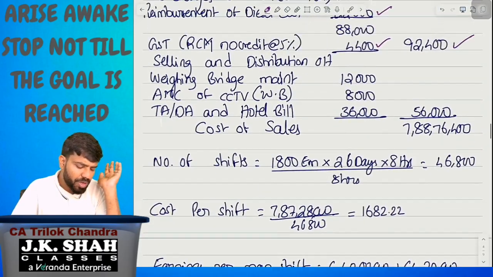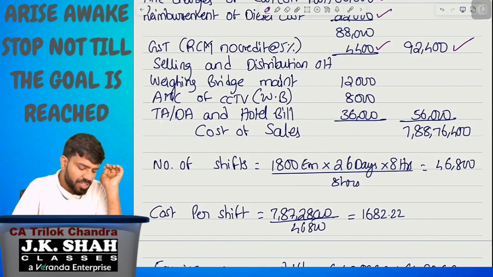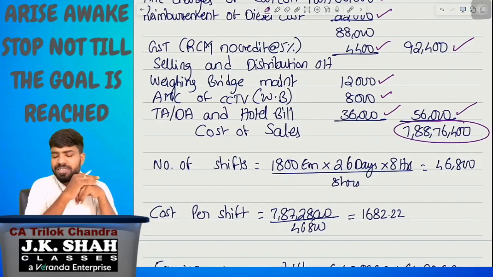Next, selling and distribution overheads: weighing bridge maintenance, AMC of CCTV, T&DA 36,000 together come to 56,000. Totally, cost of sales is 7 crore 88 lakh 76,400.